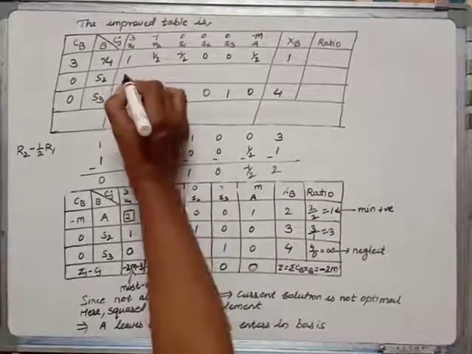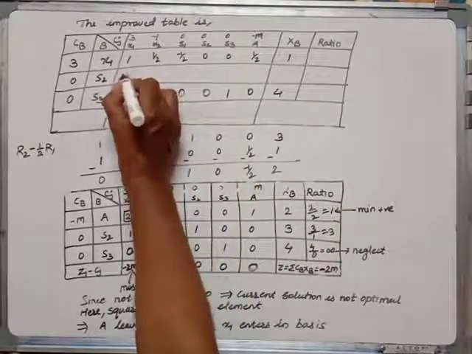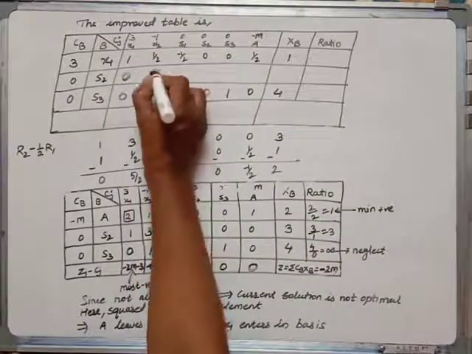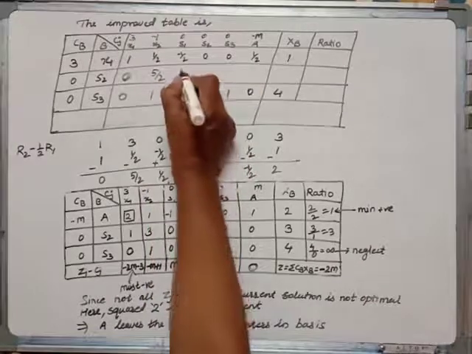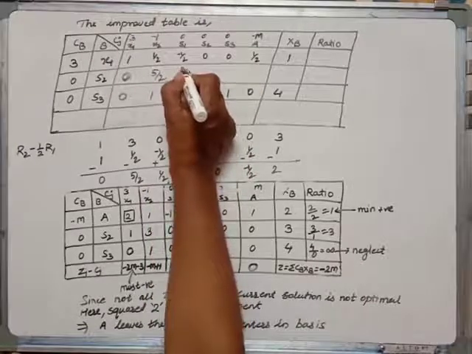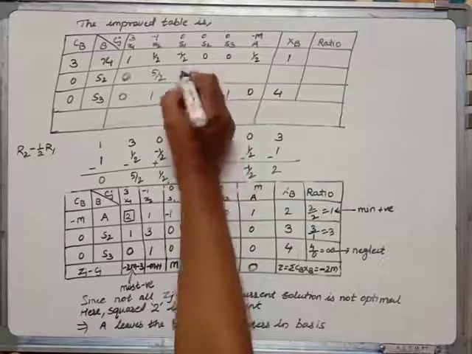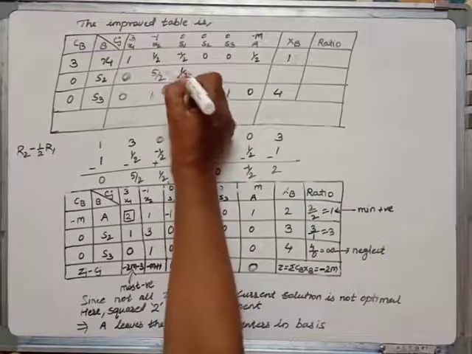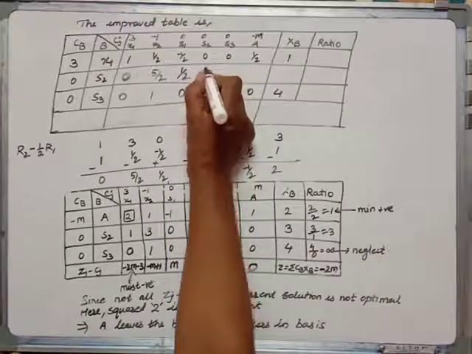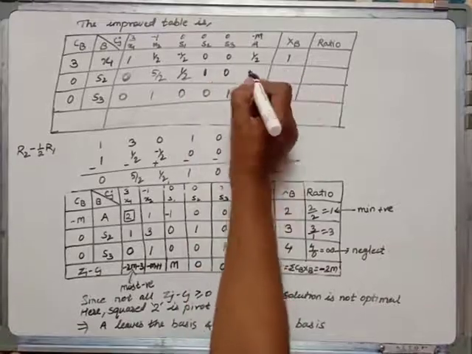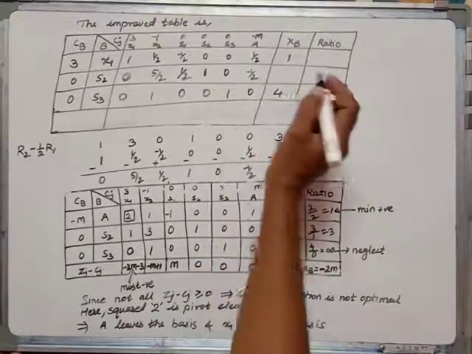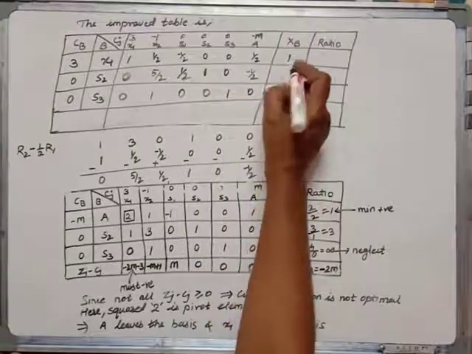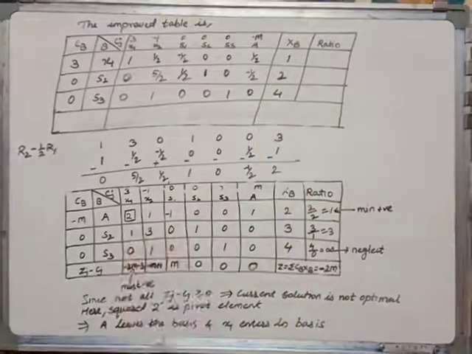So my second row will be 0, 5 by 2, 1 by 2, 1, 0, minus 1 by 2 and 2. Okay.